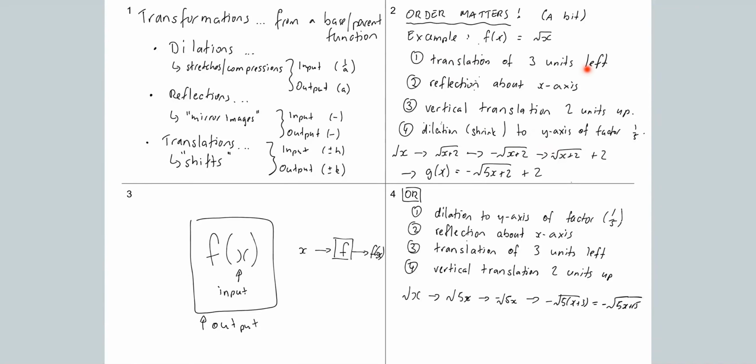If it's a transformation that affects the input, you replace x with a new expression, or like here, x goes to x plus 2. If it affects the output, then you apply the transformation to the entire function. So, for example, that now becomes equal to that.